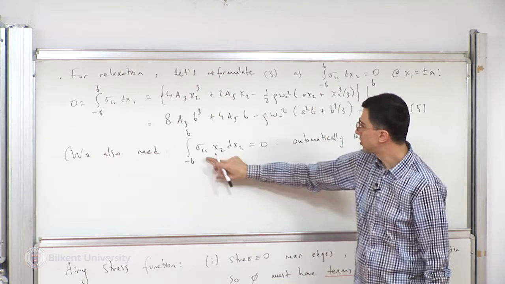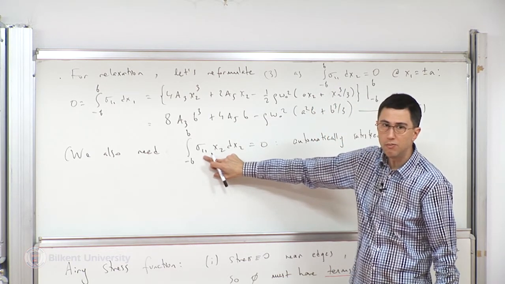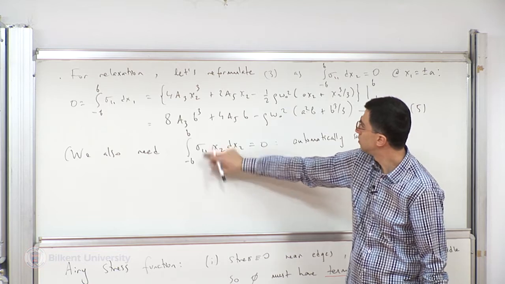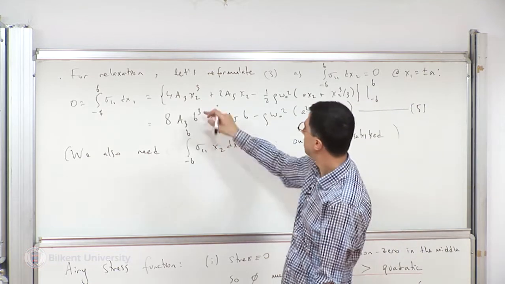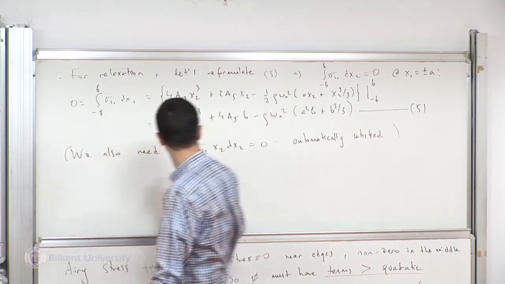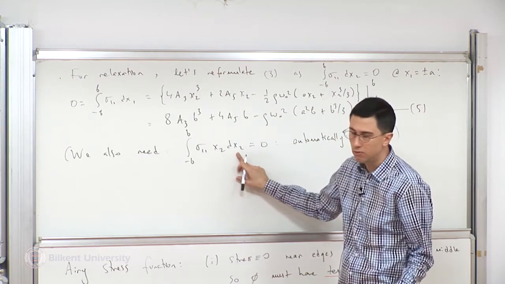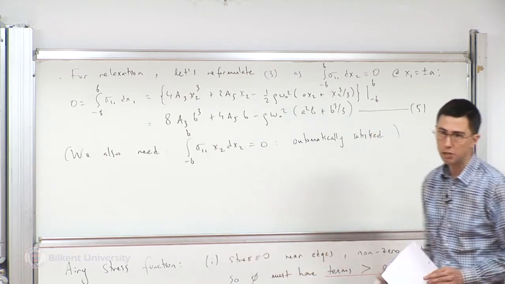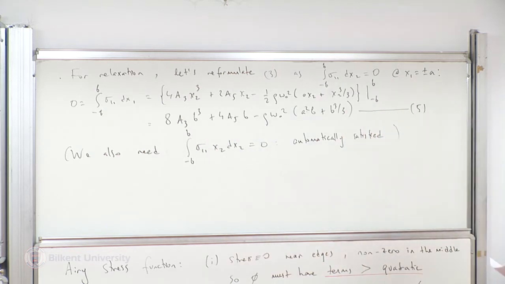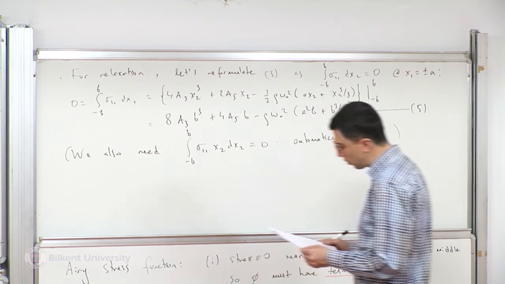Okay. It's automatically satisfied because sigma 1,1 is an even function of x2. Right? It's an even function of x2. Multiply with x2, it's an odd function. Integrate, it's an even function. Minus b to b, it vanishes. Okay? So it's automatically satisfied. I don't need to worry about that.